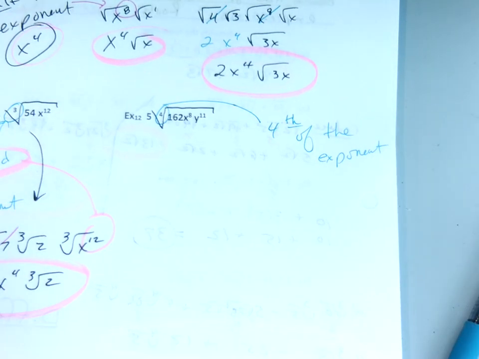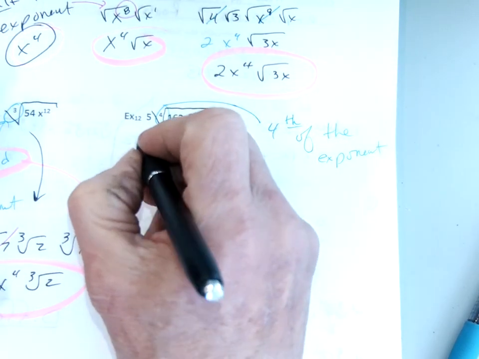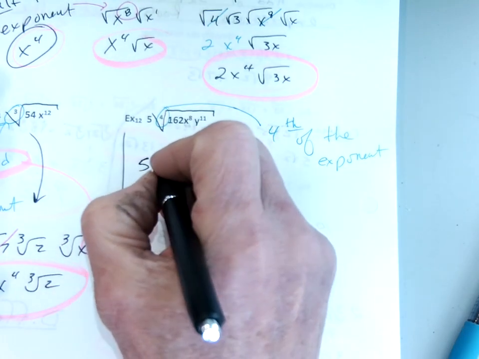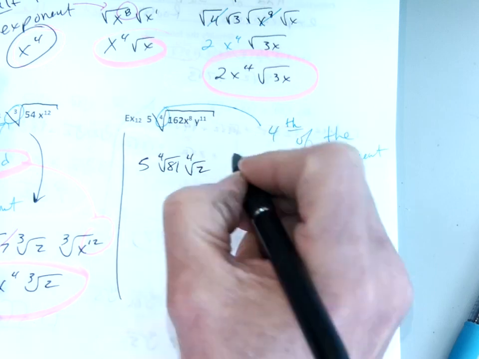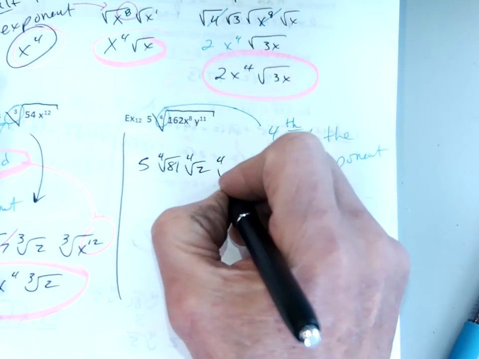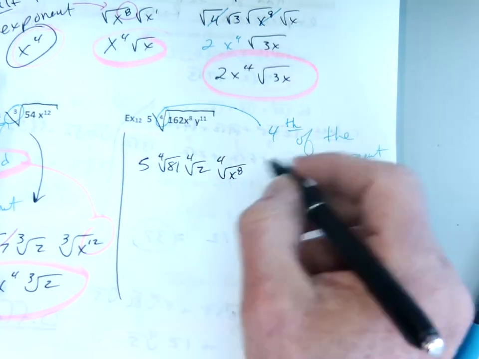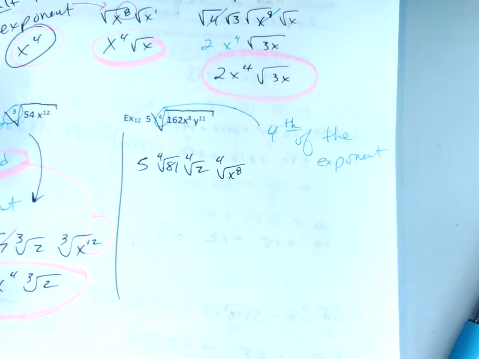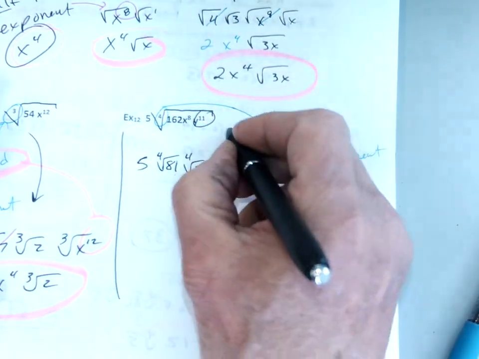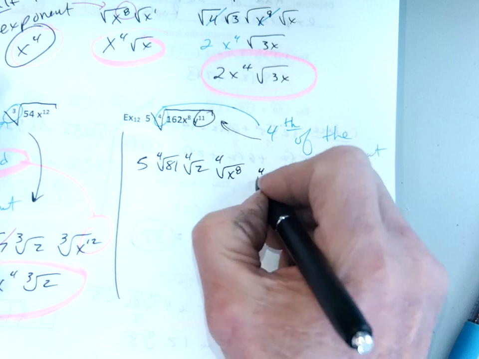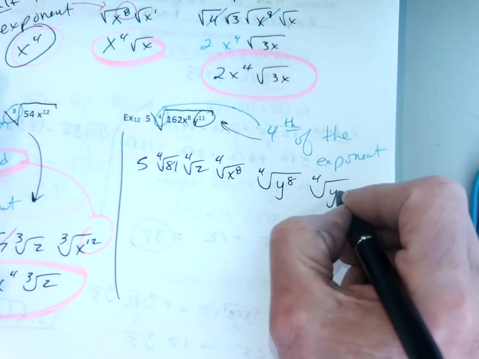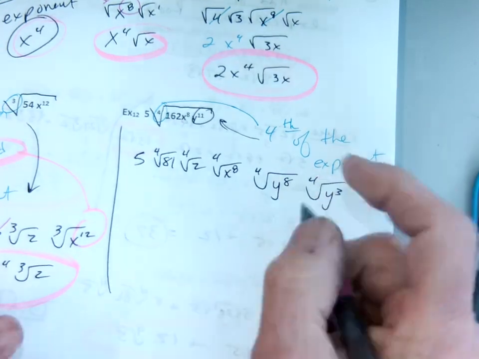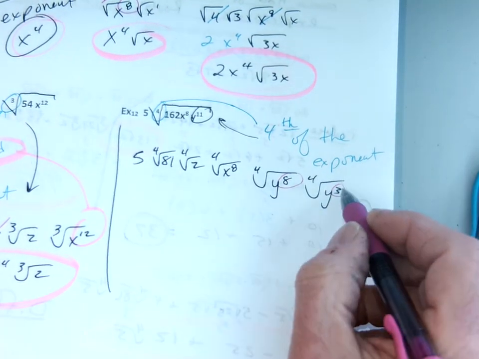So let's see, 162. 5 times the 4th root of 81, 4th root of 2, 4th root of 8, and I will take a fourth of that. That'll be x squared. Now this one we're going to have to change. So we're going to take it to the 4th root of y to the 8 with a 4th root of y to the 3rd.